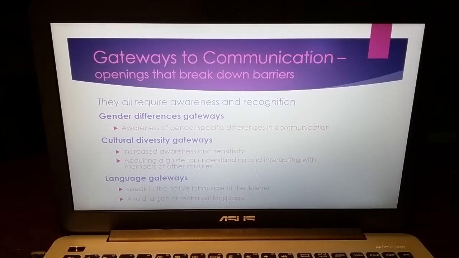Openings that break down barriers. Essentially, with gender differences, just try to make yourself aware of it. If it is an area you're interested in, there is all sorts of literature written about it. One woman who is particularly prolific in her research about it is Deborah Tannen. Perhaps her most famous book is Men and Women Talking from 9 to 5, and it explains things.